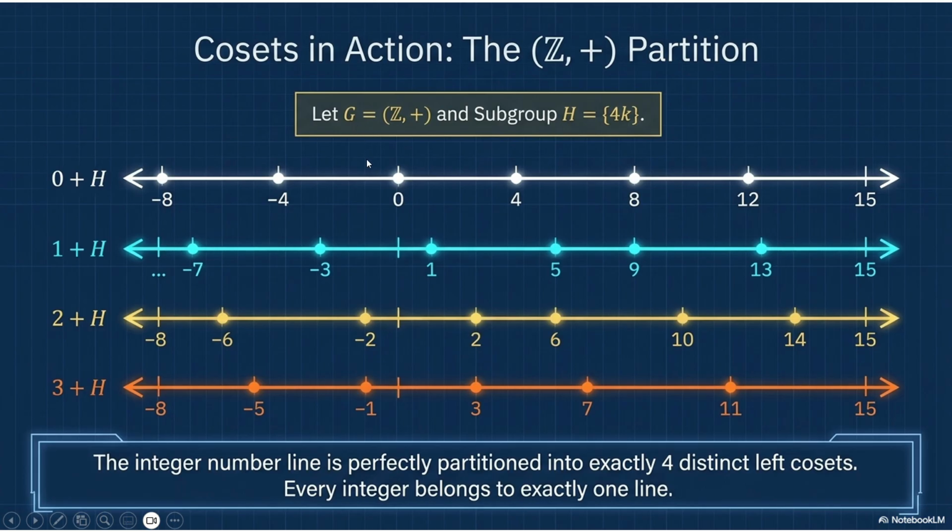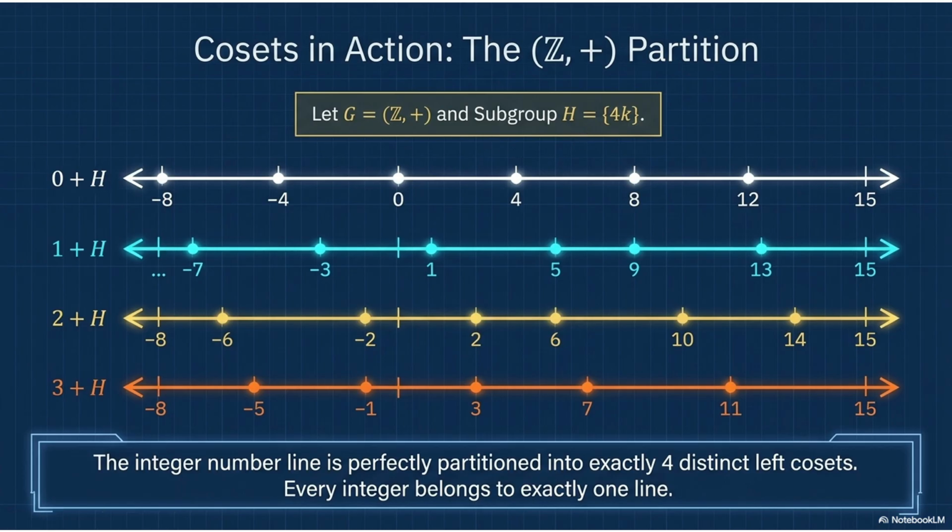Now I would like to ask a question. If I am taking an element A from G which is also in capital H, is there any speciality for its cosets? Yes. If I take an element A which is both in G and H, the coset of A will be capital H itself.